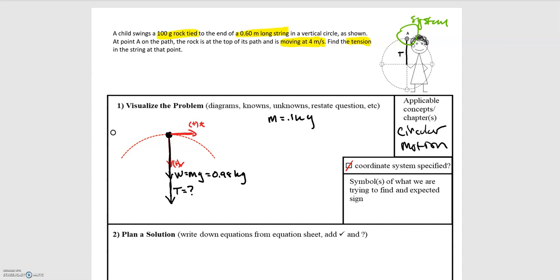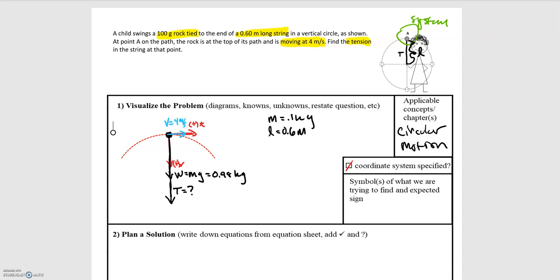We're told that the length of the string is equal to 0.6 meters, and so that's this length right here. I'm drawing it up on the picture here. That's L. And then we're also told that at this point up at the top, the rock has a velocity of 4 meters per second.